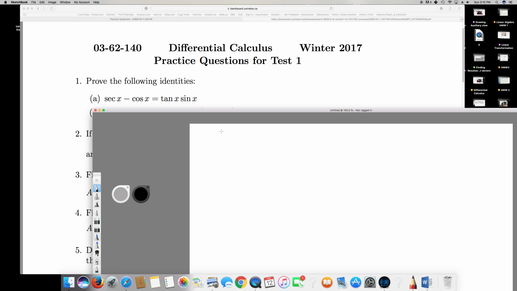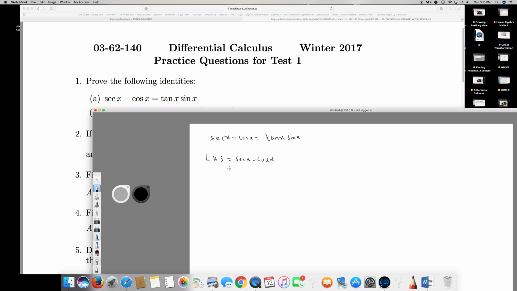I'm going to take the left hand side first. The left hand side is equal to sec x minus cos x.